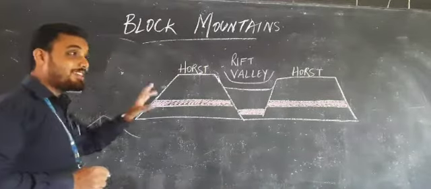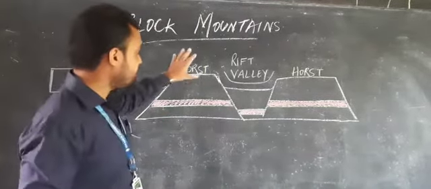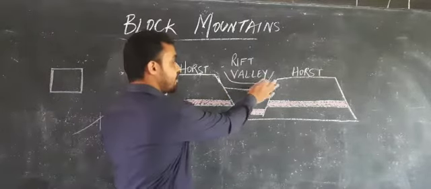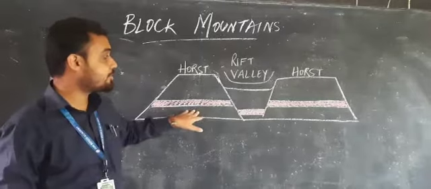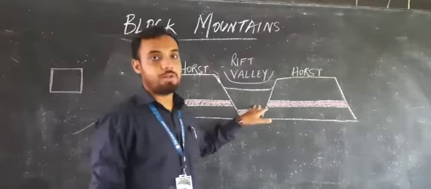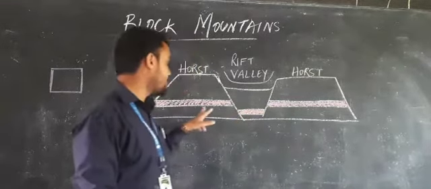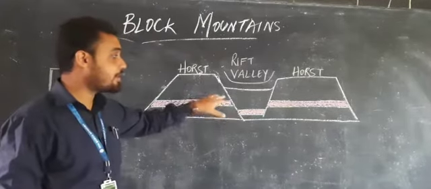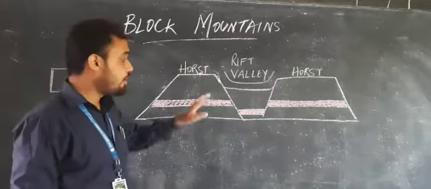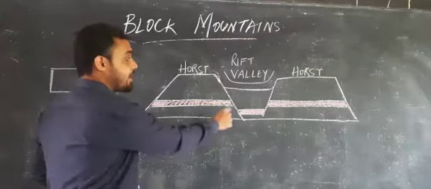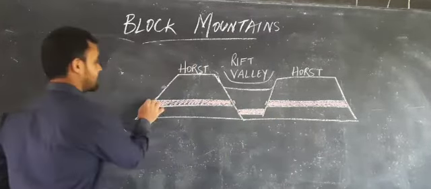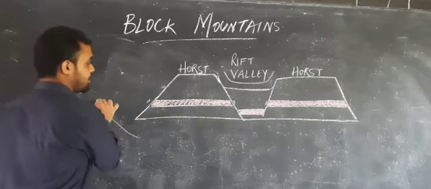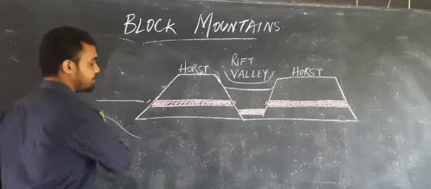When cracks take place, suppose this is the earth. The colored portion that you are seeing is the tectonic plates. The crack took place over here.